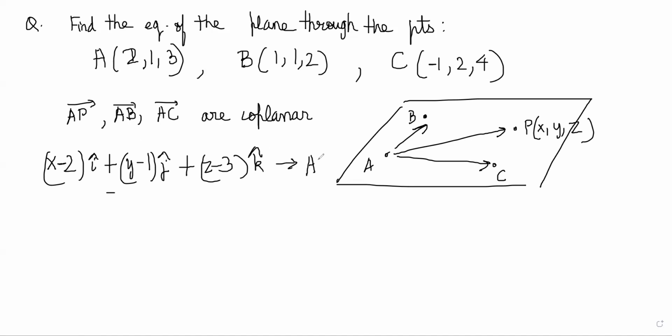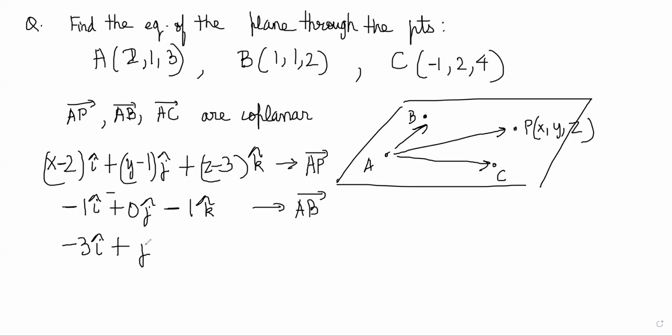This is my AP vector. What is my AB vector? It is going to be B minus this. So it is −1 i cap plus 0 j cap minus 1 k cap. This is my AB vector. And finally, AC vector is going to be −3 i cap plus j cap plus k cap. This is my AC vector.